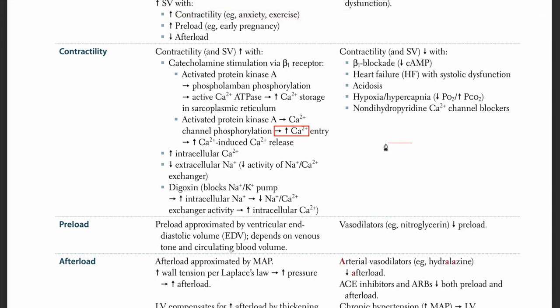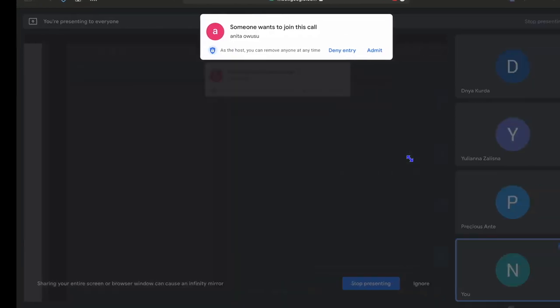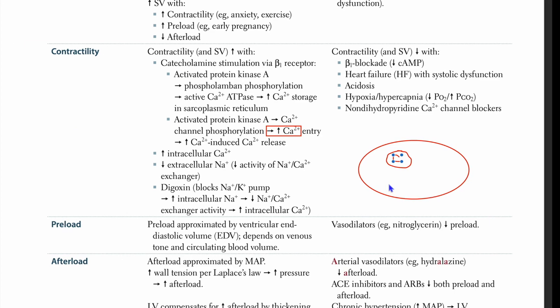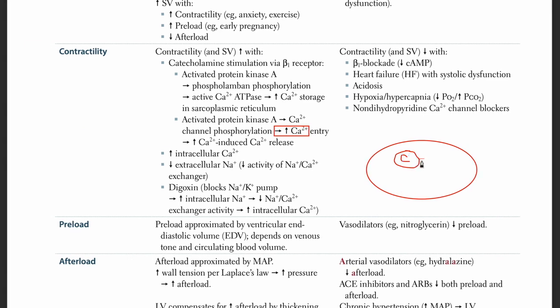I hope you're following this. So see, this is the cell, and then you have one that contains calcium, right? So this contains calcium, right? And these vesicles have calcium receptors here, and then you have Na coming in through the sodium potassium channel.